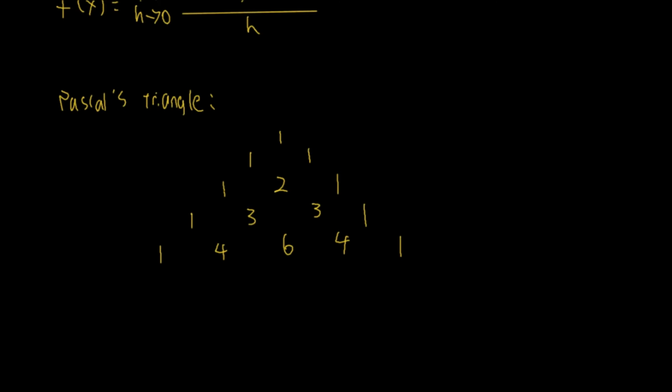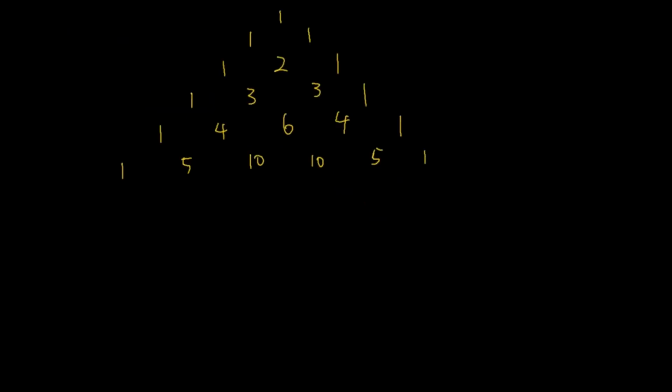The sixth row starts with 1 again, like everything starts with 1, and then 1 plus 4 is 5, 4 plus 6 is 10, 6 plus 4 is 10, 4 plus 1 is 5, and then 1 again. Let's do 2 more. Start with 1 again.